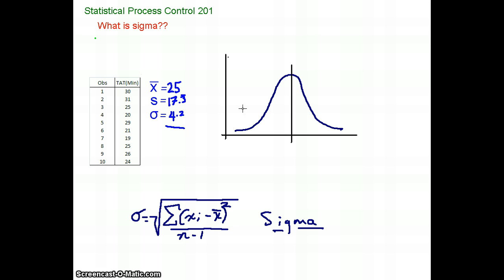Now my bell curve that I drew is not perfectly symmetrical, but let's pretend that it is. So what that means is that 50% of our observations would be on either side, 50% on this side and 50% on this side.